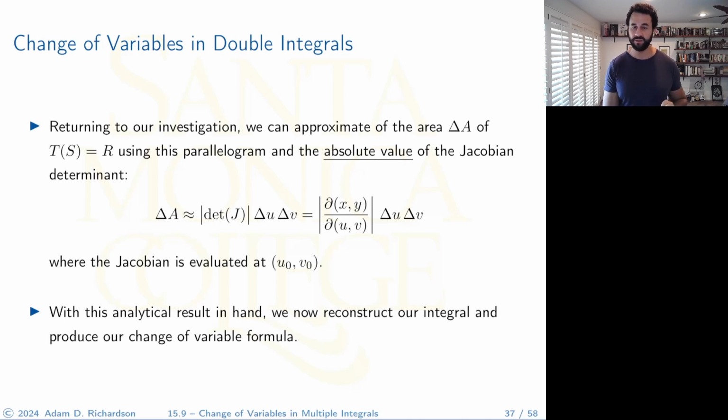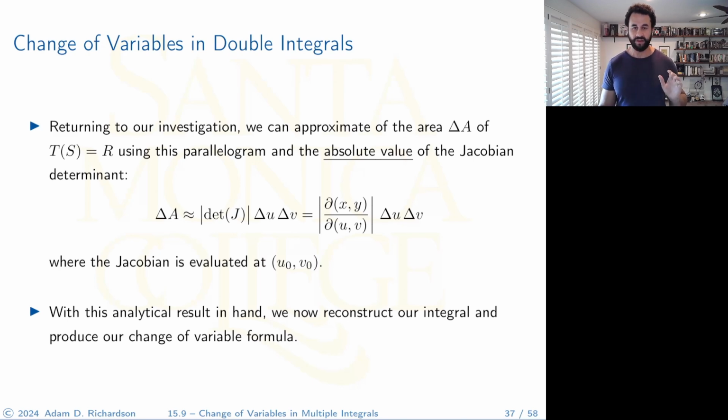But we can rewrite the area of that parallelogram as this, using the notation we had a minute ago. Take the absolute value of the Jacobian determinant, evaluated at the given point u naught, v naught.